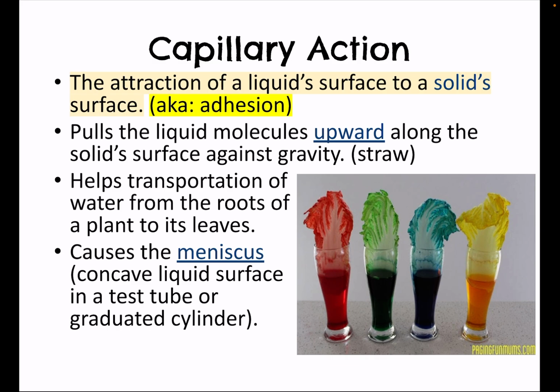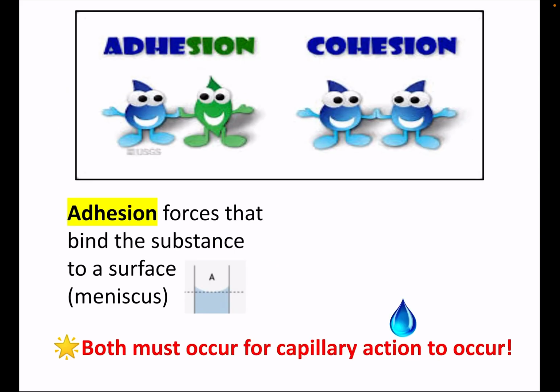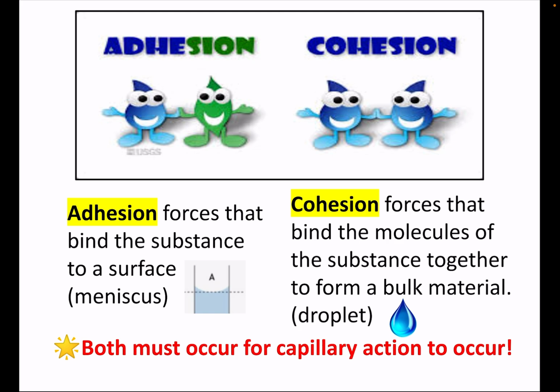When you're in the lab and you're reading from a graduated cylinder, you'll notice that a meniscus forms. Let me show you what I mean by the meniscus. Here in this picture you see I'm describing adhesion and cohesion. Again, cohesion is two molecules of the same kind attracting due to their positive and negative ends.